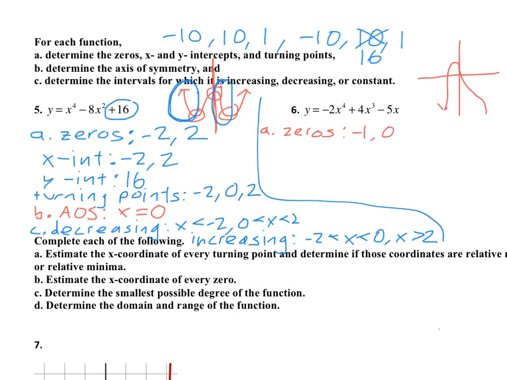These are the x coordinates where the y is 0. X-intercepts are the same thing, so it has x-intercepts at -1 and 0. The y-intercept, if we plug in 0 for x, we get that the y-intercept is also 0. And now we have to find the turning point.